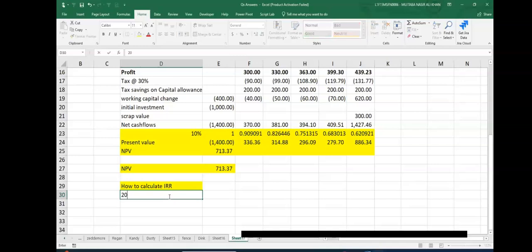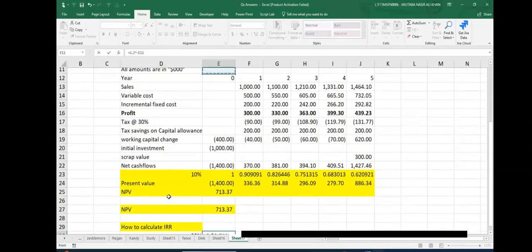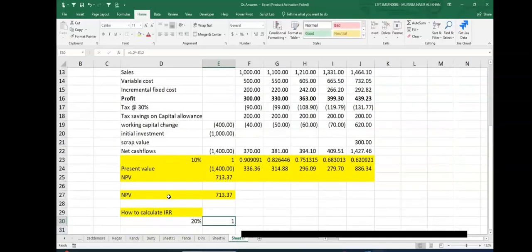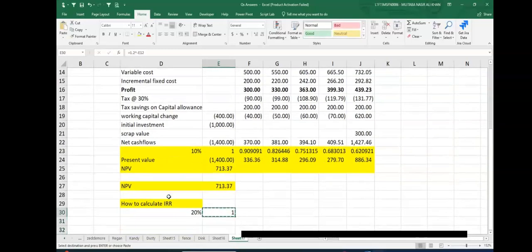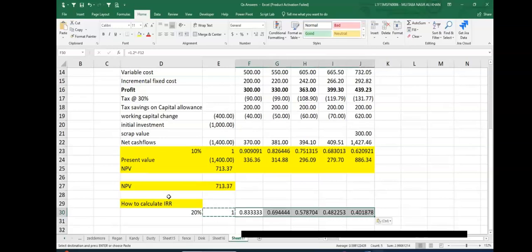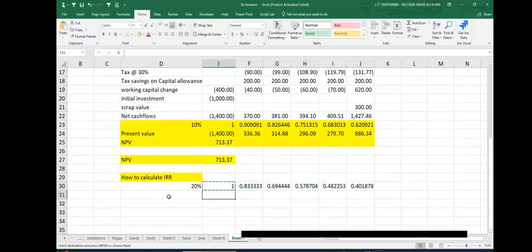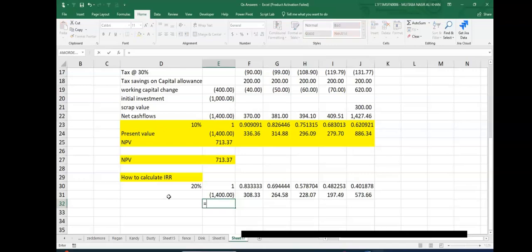Now calculate NPV at 20%. 1.2 raised to the power minus, link it with the year. Copy into all other cells. Multiply the discount factor with net cash flows. Calculate the sum of all cash flows.